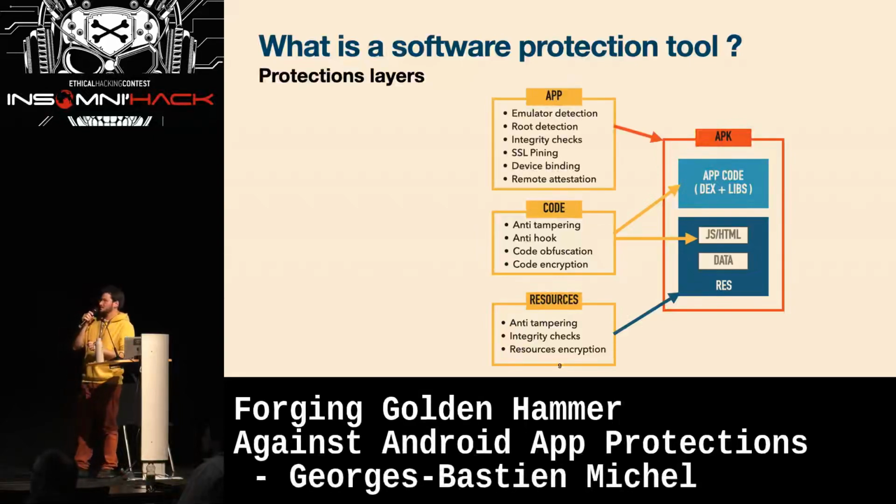The next layer is protection of the overall app against emulators or rooted devices, such as devices with Magisk, and network protection by implementing SSL pinning in order to prevent HTTPS man in the middle.